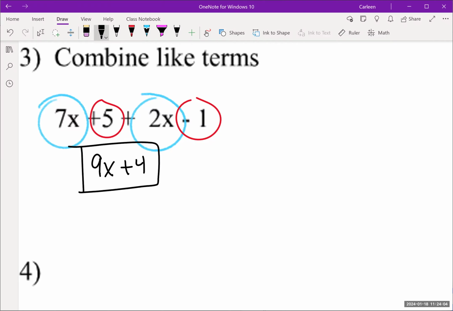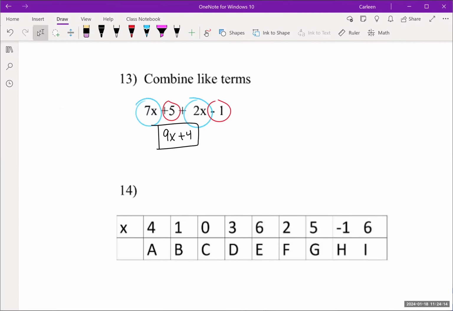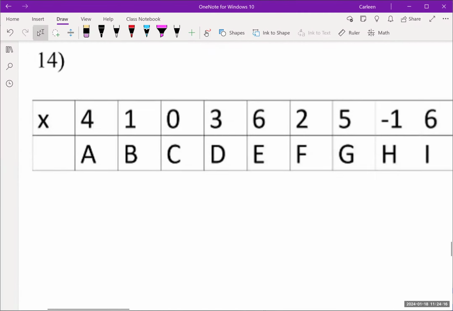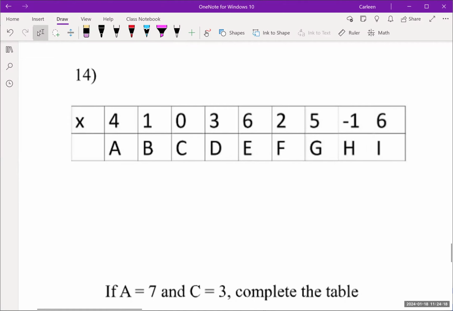Done. This is an expression, not an equation to solve. Okay, so just a little review. Some of you will be in advanced algebra next year. Okay, so this is weird. A is 7. C is 3.